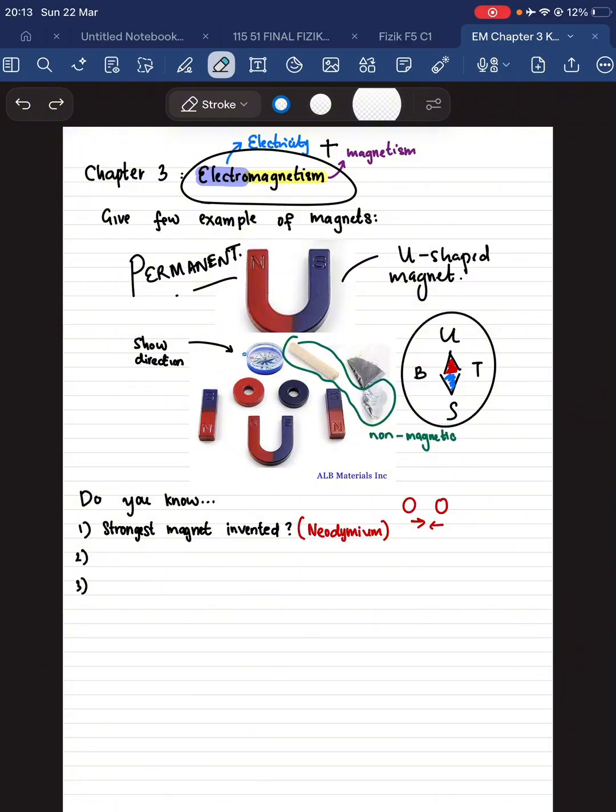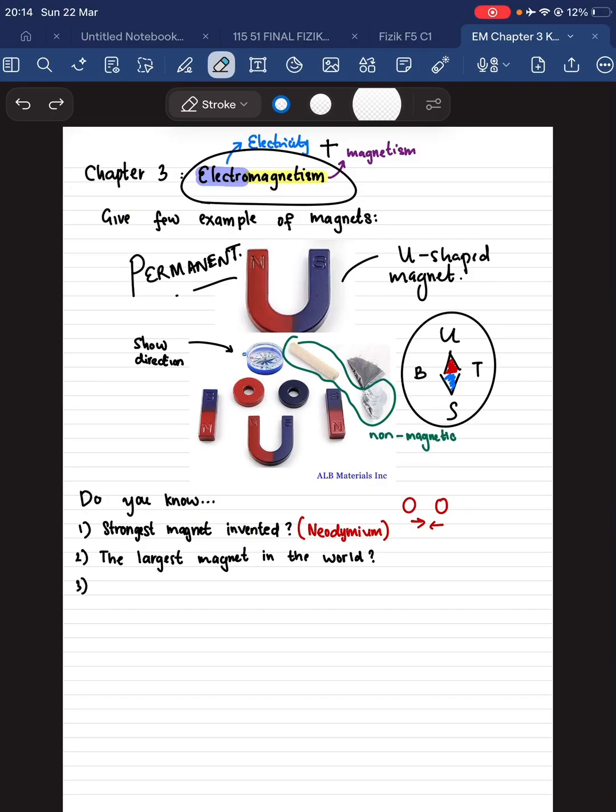Okay, and it can be dangerous if you have a big one, because the magnetic force is very massive, and when you have two magnets attracting together, they can crush, even your hand if you put it between the two magnets while they are attracting. And yeah, it can even cause injury, so be careful when playing with this magnet.